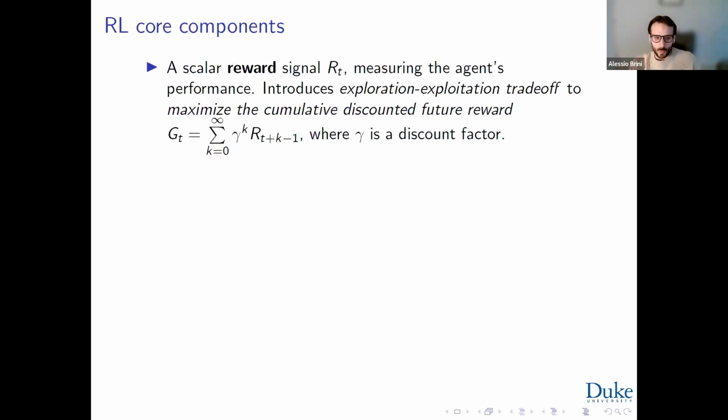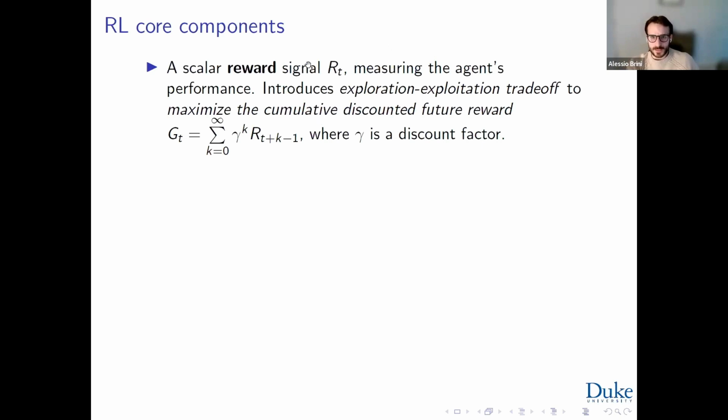Instead, since we mentioned that there could be delayed effects, what you want is an agent that also explores from time to time. There is a trade-off, very well known in the reinforcement learning literature, between exploring a little bit, taking suboptimal actions and trying to explore the state space, because always acting greedily is not necessarily the good way to do so.